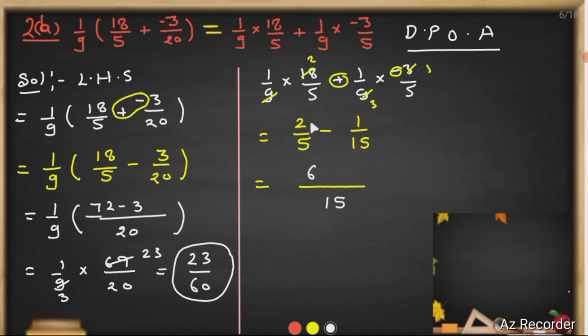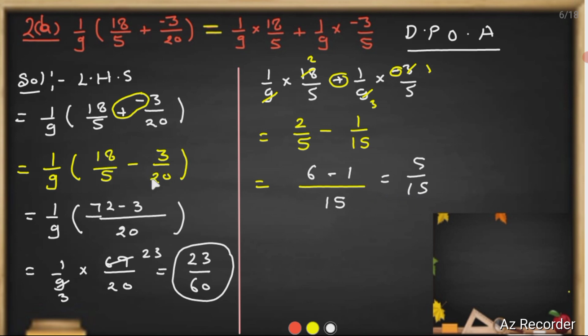Is there something left here or not? Let me check. 3 ones are 3 and 3 threes are 9, that is 15. Okay, 3 times and now negative 1. So we have 5 upon 15. No, this is not going to happen.